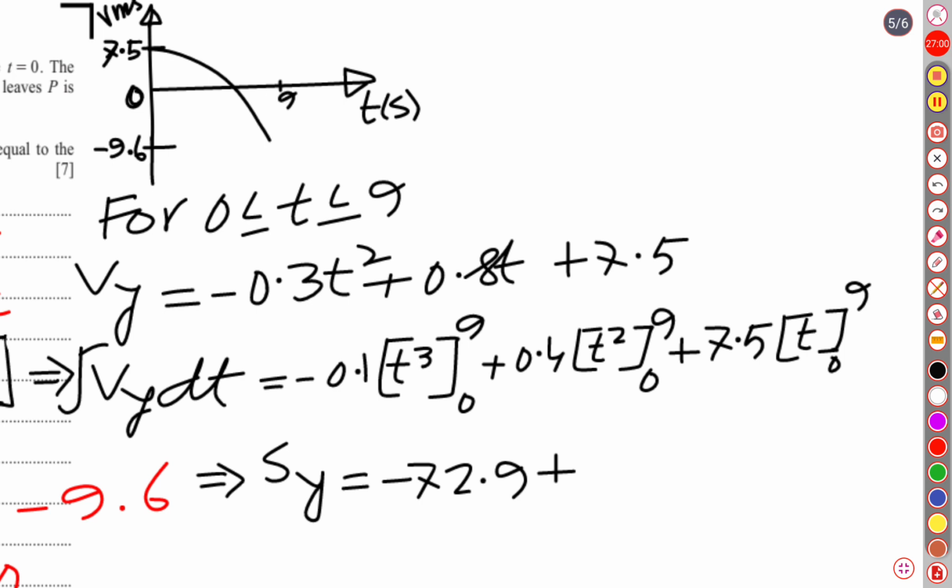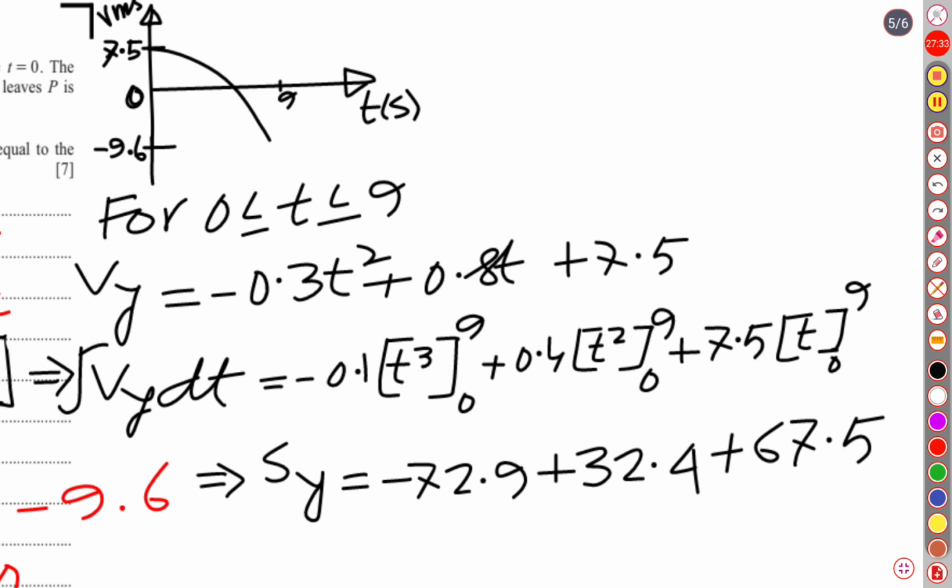If we multiply 81 by 0.4, it is 32.4, plus, if we multiply 7.5 by 9, because the lower limit is 0, it is 67.5.